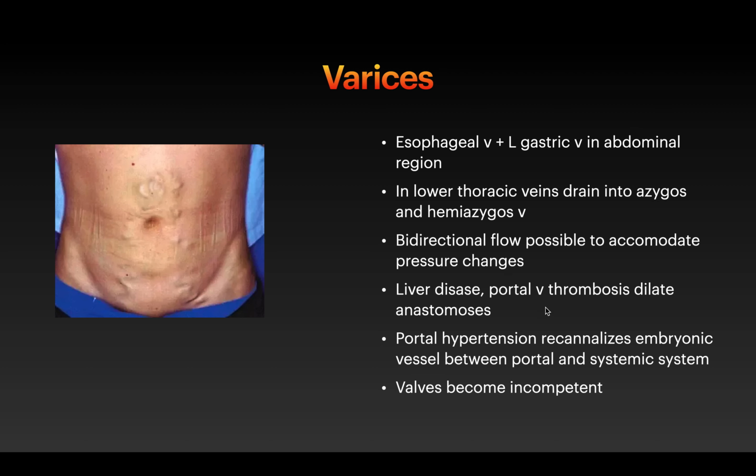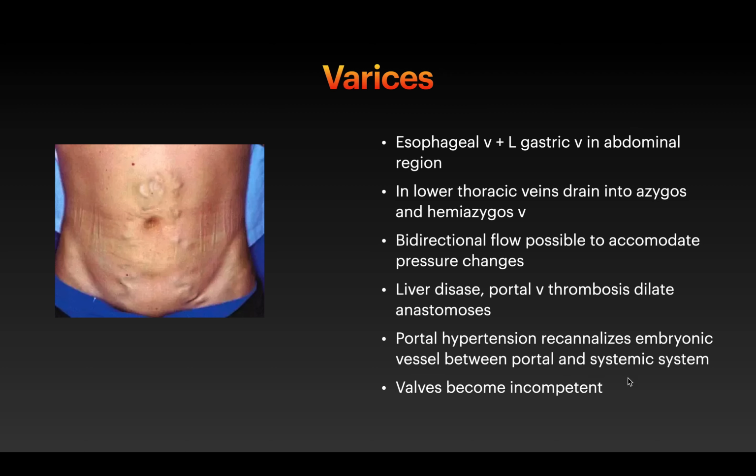But in liver disease and portal vein thrombosis, the anastomosis will dilate. It's a neat thing that the body tries to do to compensate for the higher pressure. The higher pressure is dangerous because these can rupture, and remember all those anastomoses, the person can bleed out very quickly. So in order to lower the amount of pressure running through the veins, the body will recanalize the old embryonic vessels between the portal and the systemic system.